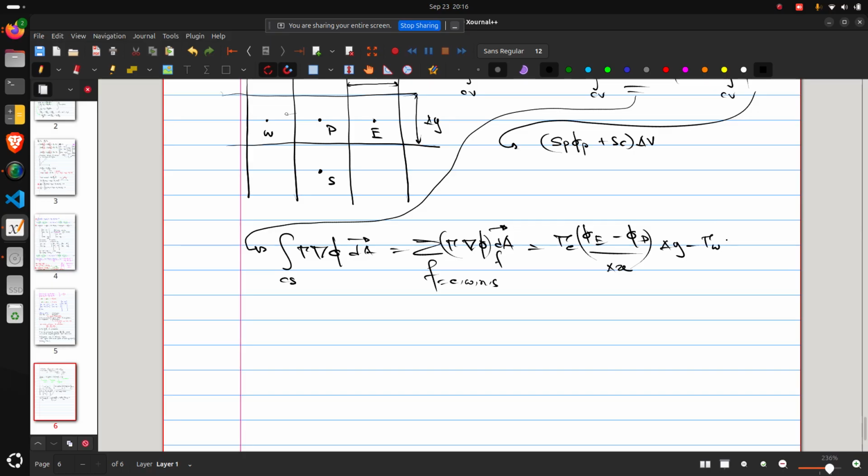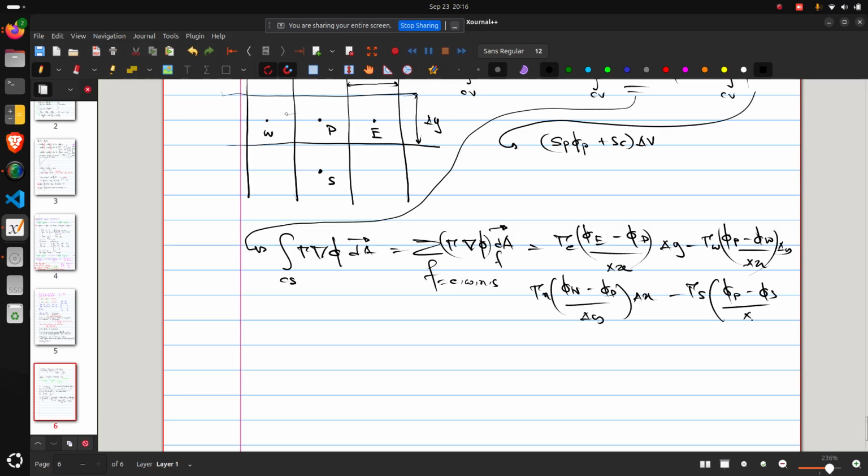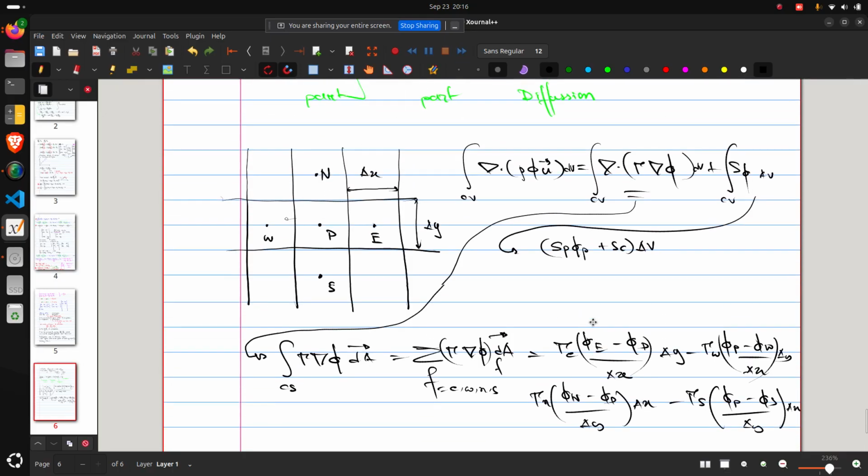So gamma_w (phi_P minus phi_W) by delta x times delta y, and also for the north face gamma_n (phi_N minus phi_P) by delta y times delta x, minus gamma_s (phi_P minus phi_S) by delta y times delta x. Okay, so this is quite straightforward, right?